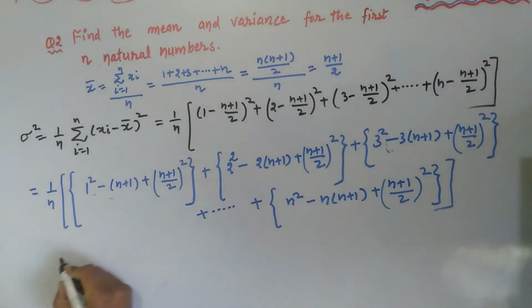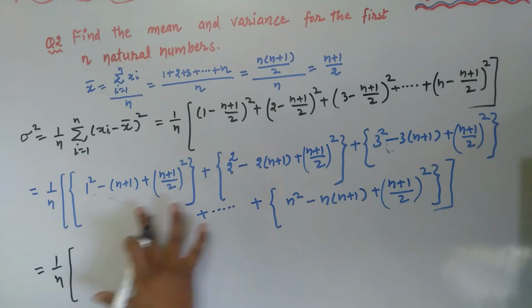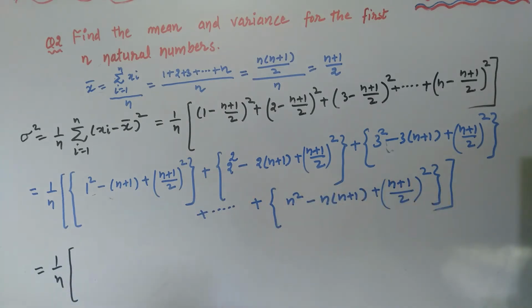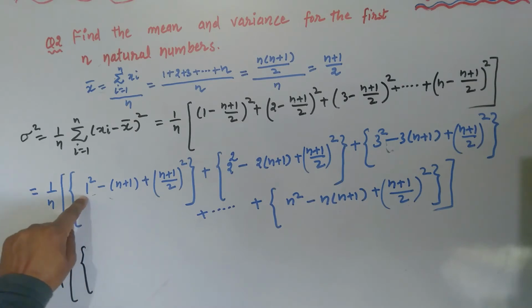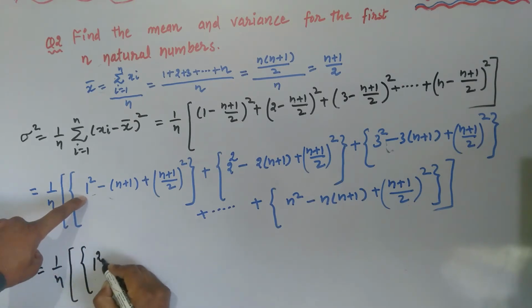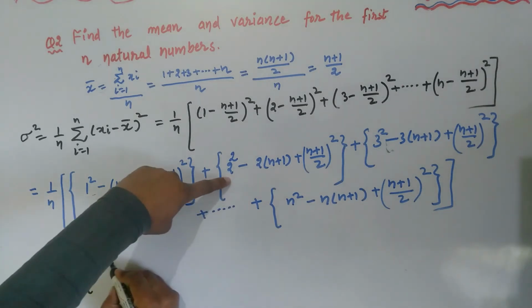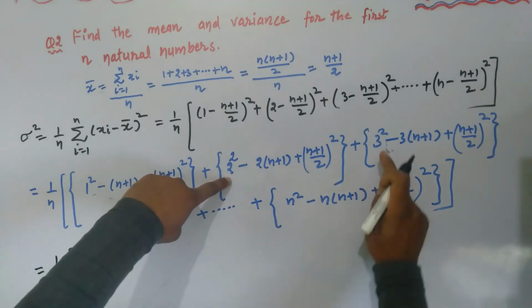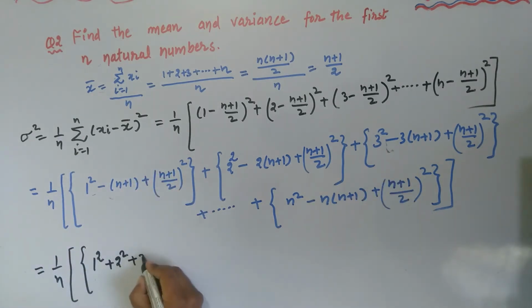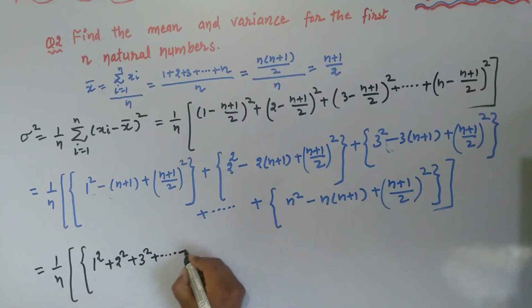Now what we do is, 1 upon n, we just combine all these terms in 3 brackets. The first bracket contains first terms. 1 square is the first term, 2 square is the first term, 3 square is the first term, and so on, n square is the first term.